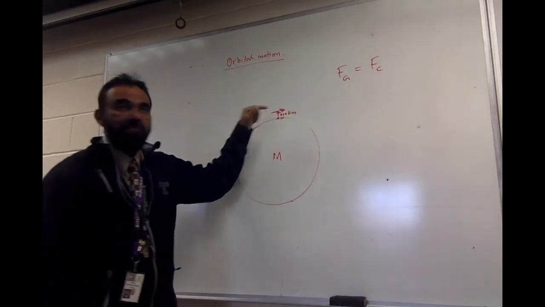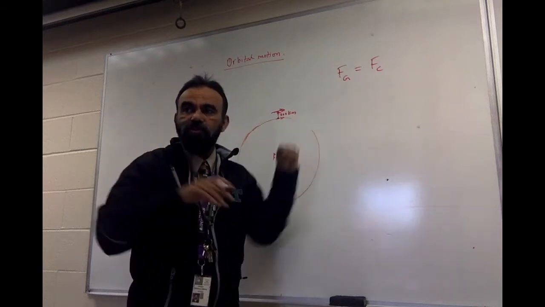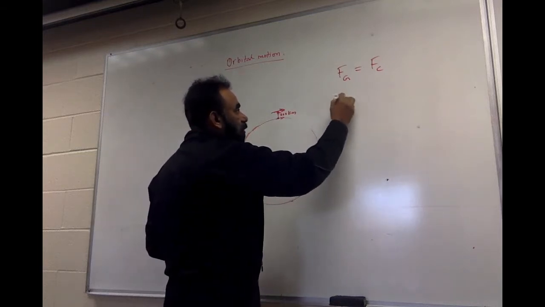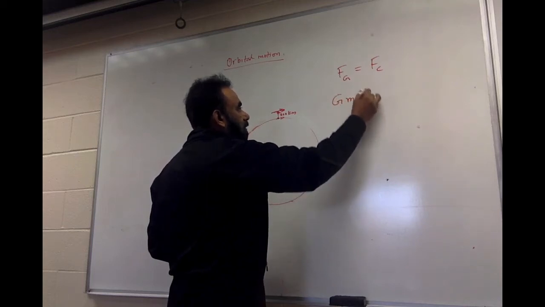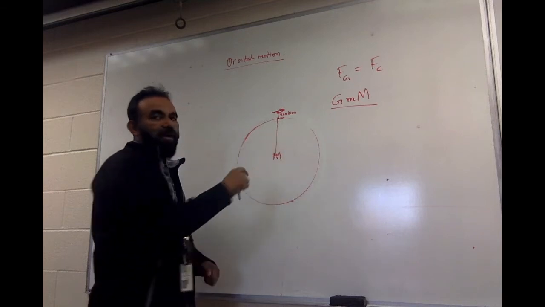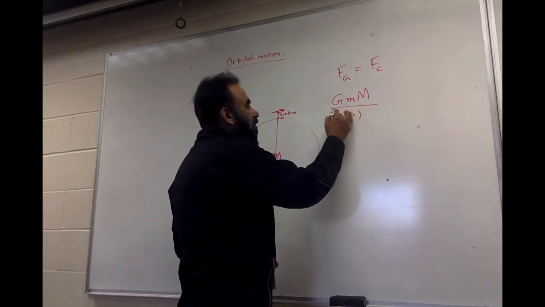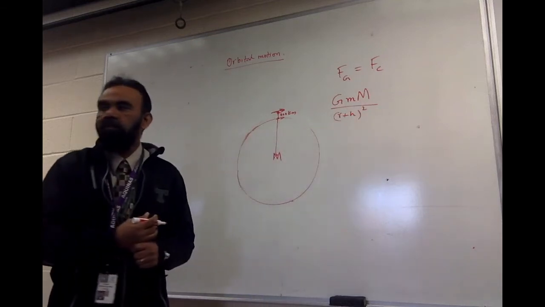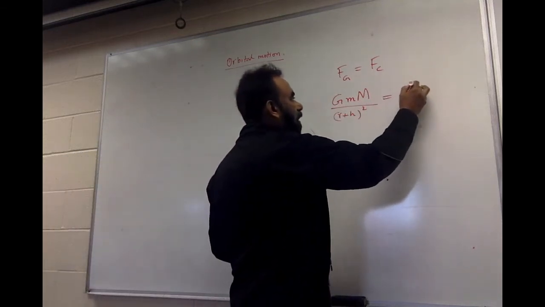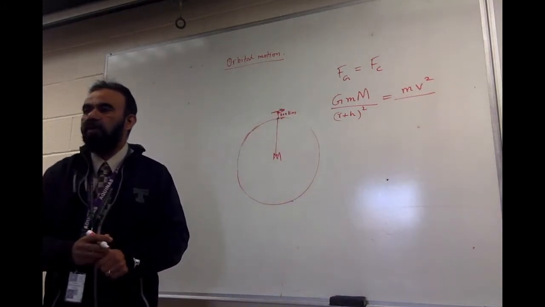Even at that height, this equation is always true. For any orbital motion, that equation is always true. The only thing is the equation changes its format. Instead of R, it's going to be R plus H, so it's going to be R plus H squared. And what about the other one? MV squared over R or R plus H?